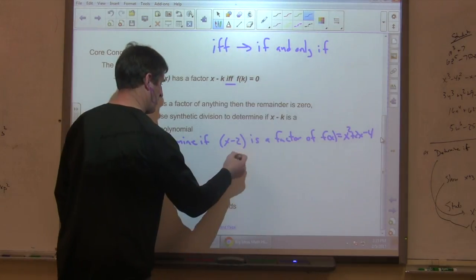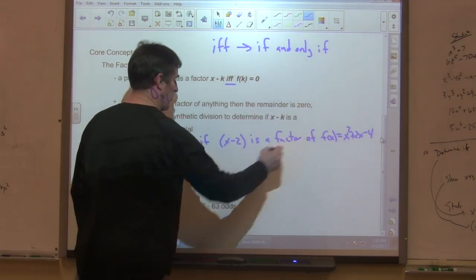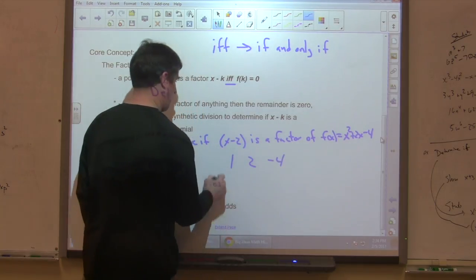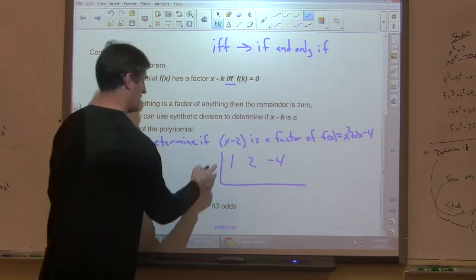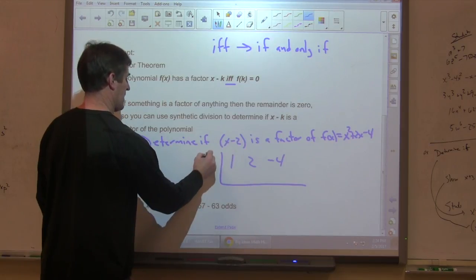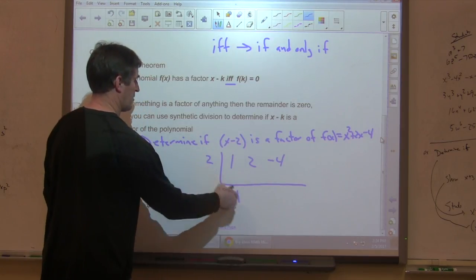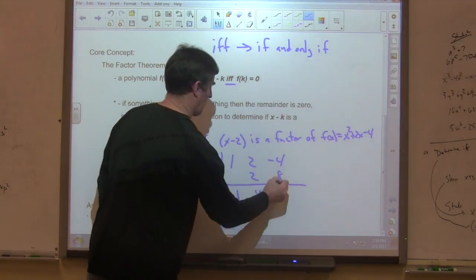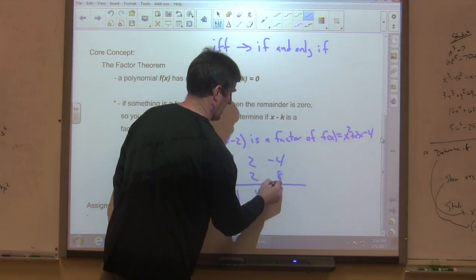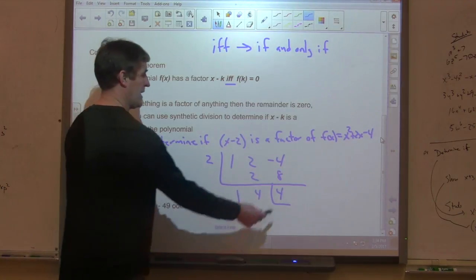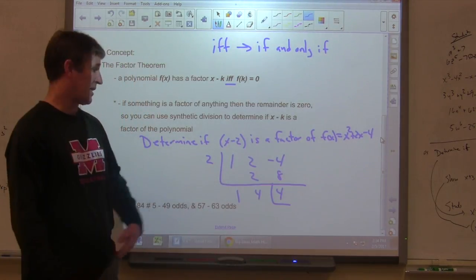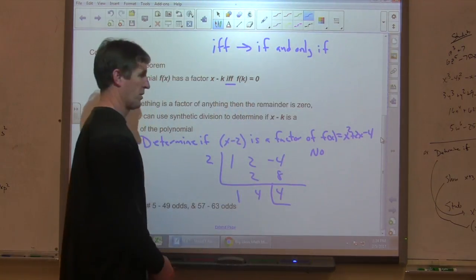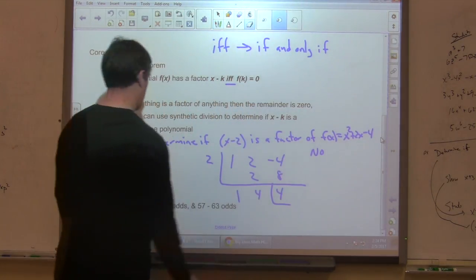So if you remember from 4(3), we write down the coefficients, 1, 2, negative 4, and then we put the k out opposite that, so 2. Bring down the number, 2 times 1 is 2, 2 plus 2 is 4, 2 times 4 is 8. That's my remainder, 4. If that's 0, the answer is yes. If it's not 0, then the answer is no. So that doesn't work. Let's try another one.